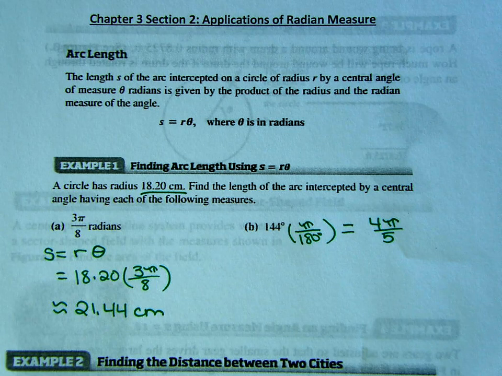I would always leave it in terms of pi because that is going to be the most accurate answer. If you were to convert that to a decimal, you're going to have to do some form of rounding, and then when you apply the radius to that, then you're going to be rounding some more. And so it's best if you can leave it as pi's for as long as possible.